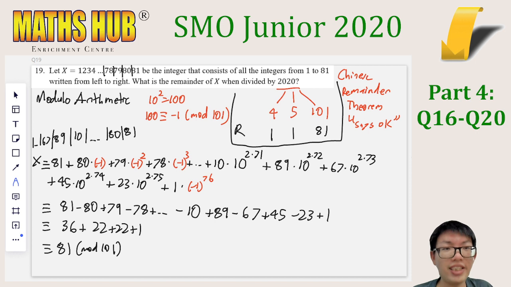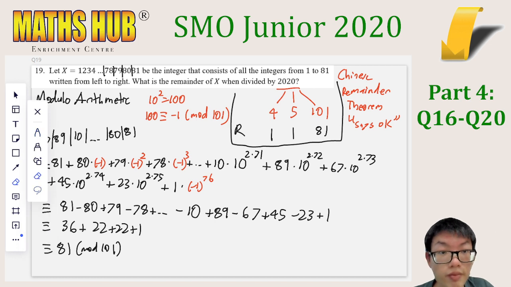Now this is not the best example to illustrate the Chinese remainder theorem because it works immediately. But the idea is that you start with the biggest prime factor or prime power and you look at the remainder and then you try to adjust it until it satisfies the rest. So for example, if it was not 1 here, but it were 2, then I would look at 81 modulo 101 and say that does not satisfy this.